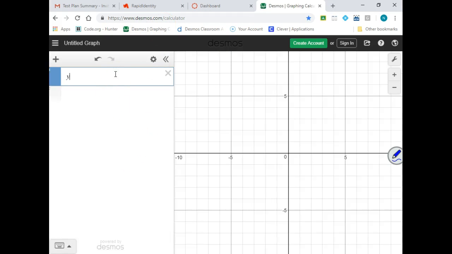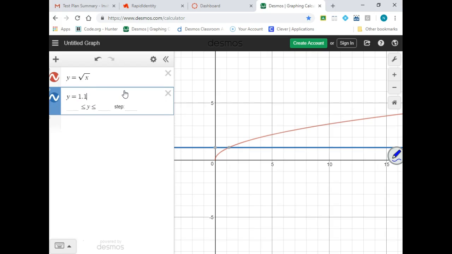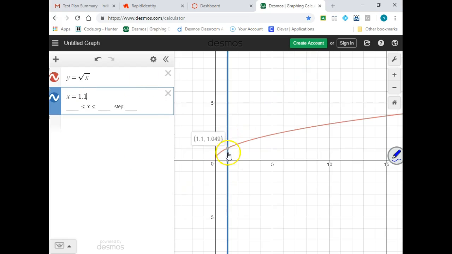I'm going to just type in y equals the square root of x. And right here, I'm going to put x equals 1.1, just so we can see where we're at here.